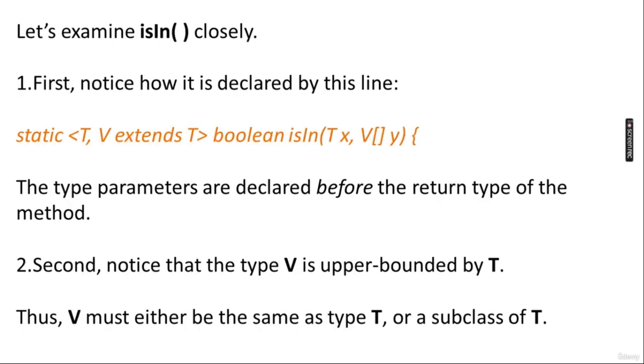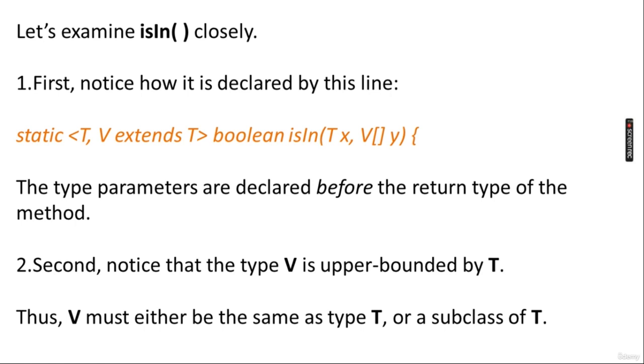First, notice how it is declared by this line: static <T, V extends T> boolean isIn(T x, V[] y). The type parameters are declared before the return type of the method.